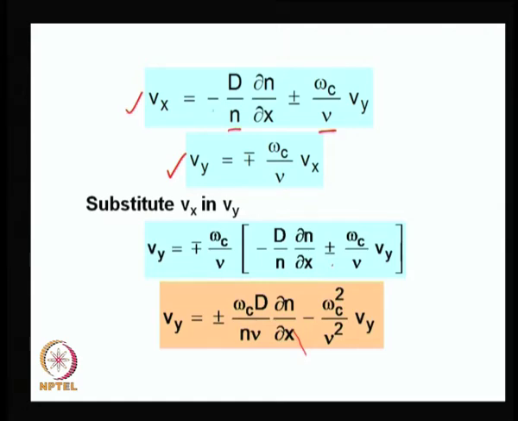So, you substitute Vx, here is minus. So, minus plus and this is minus. This becomes plus minus omega c D upon n nu del n upon del x minus omega c square upon nu square Vy.